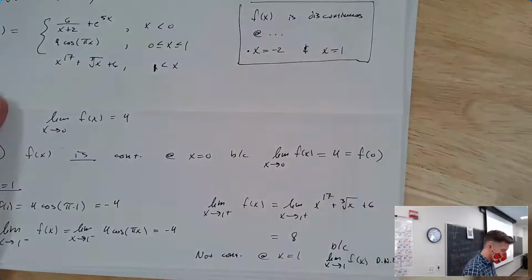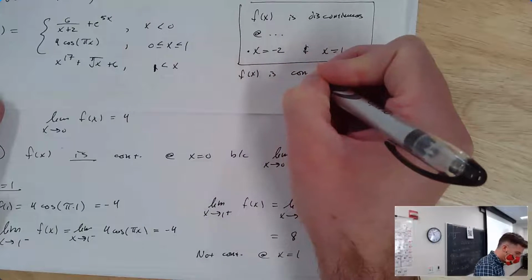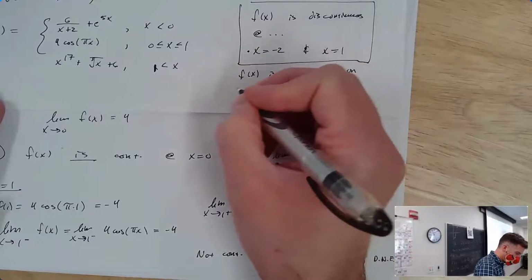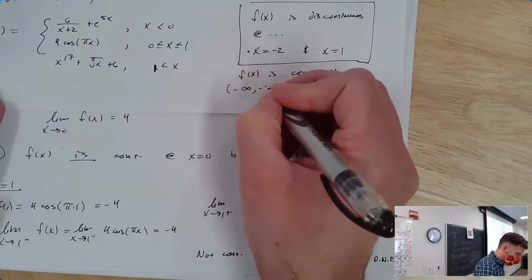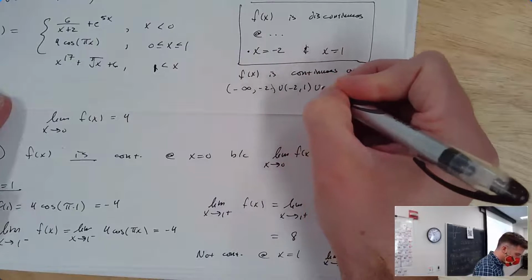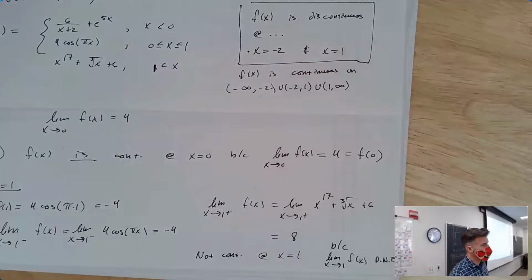Another thing we could write is that f of x is continuous on the interval from -∞ to -2, union -2 to +1, union +1 to infinity. Which is often what people like to ask for: where is the function continuous?